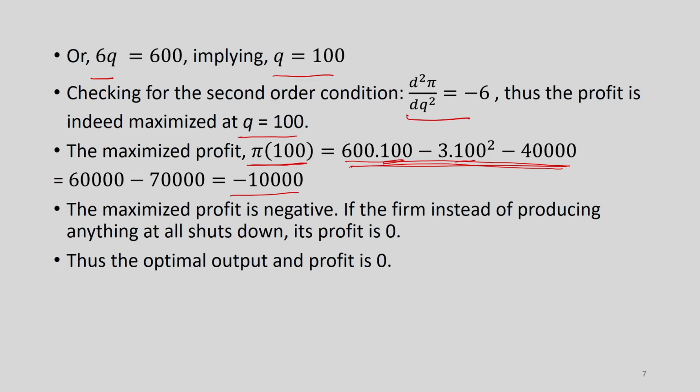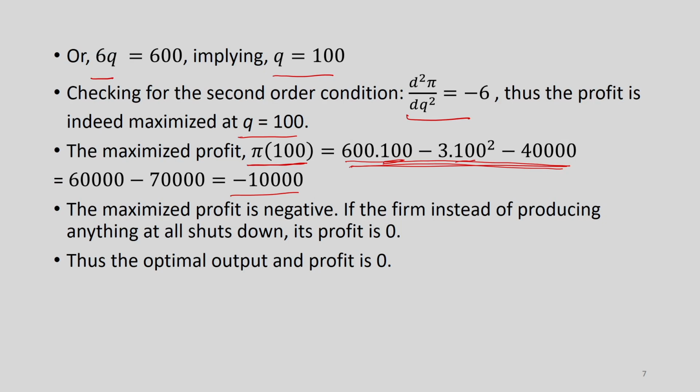What it basically means is that if the producer produces q greater than 0, then the highest amount of profit that he can get is minus 10,000, it is negative.